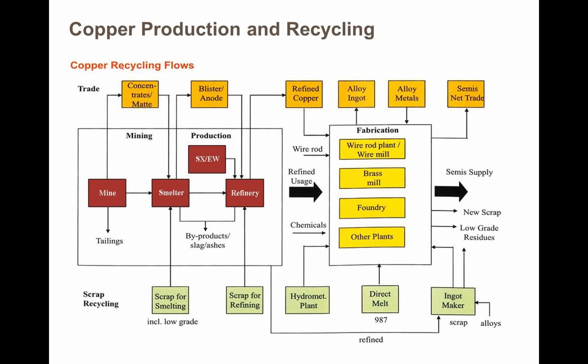Wire, rod, sheet, strip, plate, possibly foundry materials. Here we have wire rod plants, wire mills, tube mills, rod mills, brass mills, or sheet mills, where we make sheet, strip, plate, foundry materials, where you end up with ingots for casting.